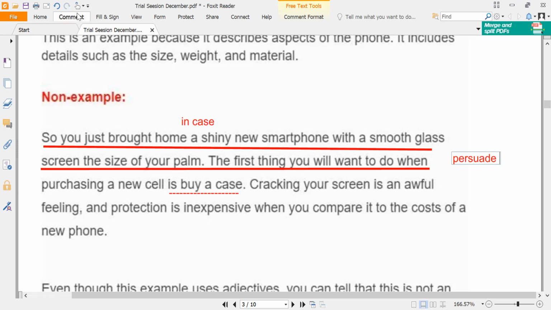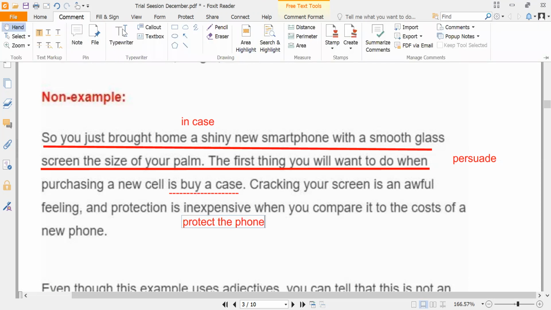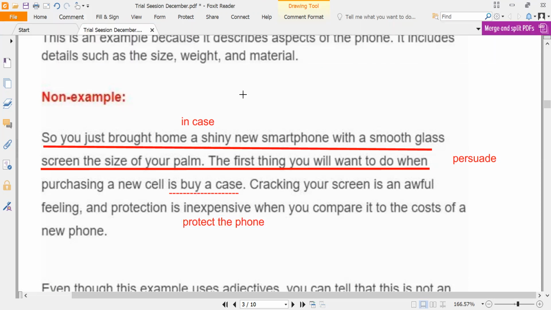Cracking your screen is an awful feeling, and protection is inexpensive. So this is also what he says. Somebody thinks that protection is inexpensive when you compare it to the costs of a new phone. So also he is recommending what? To protect the phone. How can I protect my phone? He gave me two suggestions.